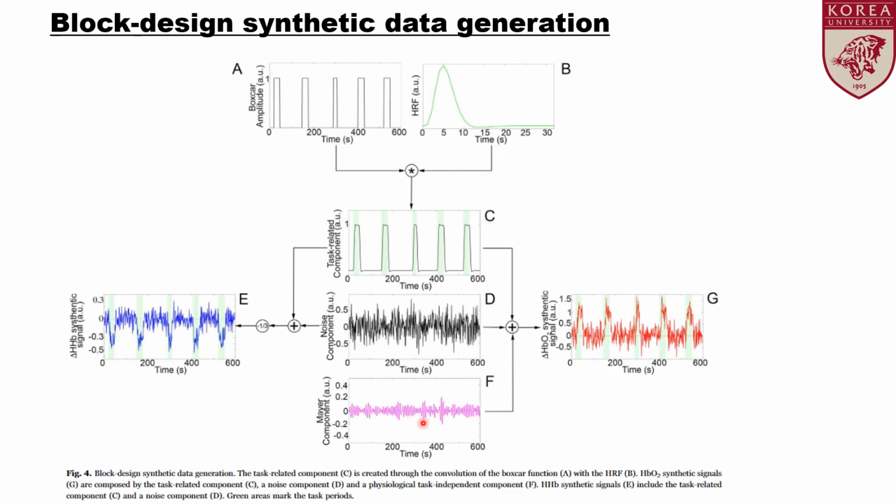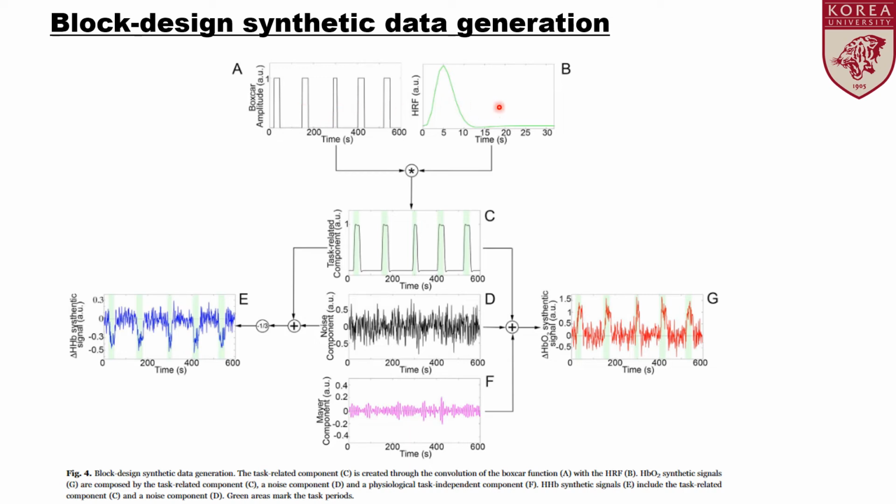And for the block design experiment data generation, they firstly generated the task related component as a boxcar function and convolved this boxcar function with the hemodynamic response function.